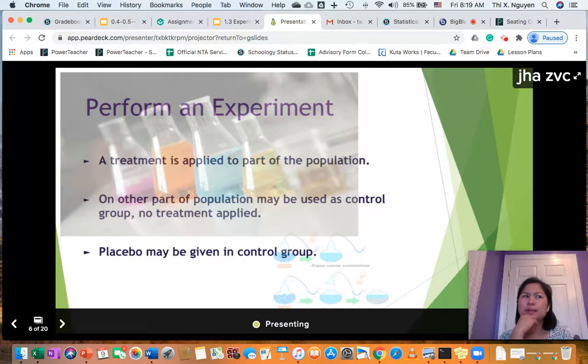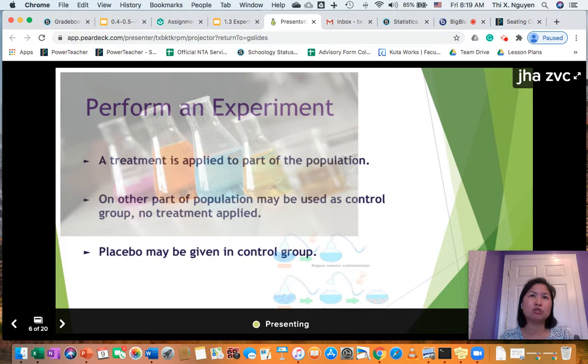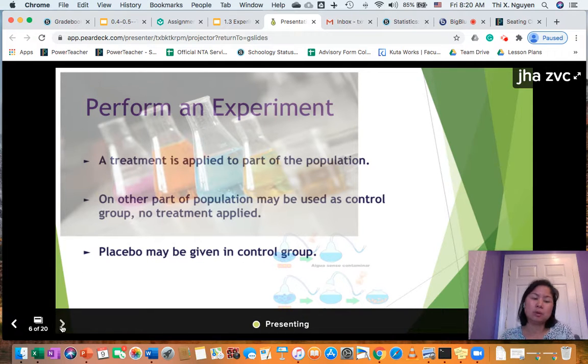Sometimes people in their mind think that, oh, I'm taking the medication, I should feel better. But a placebo is really like a sugar pill. It's not real medication. It looks like it, but it's not. And some people took it and they feel better. So they may not need the medication. There's something in their head. We'll look at more examples with this.